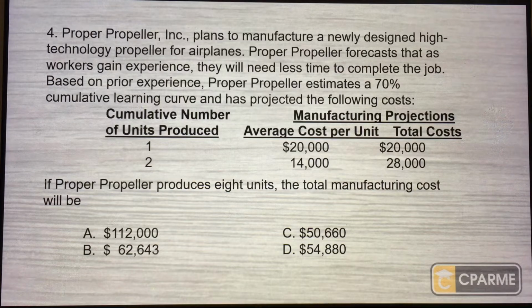Once you know the average cost per unit at 8 cumulative units produced, multiply it by 8 to determine the total manufacturing cost. Okay guys, what's your answer there?